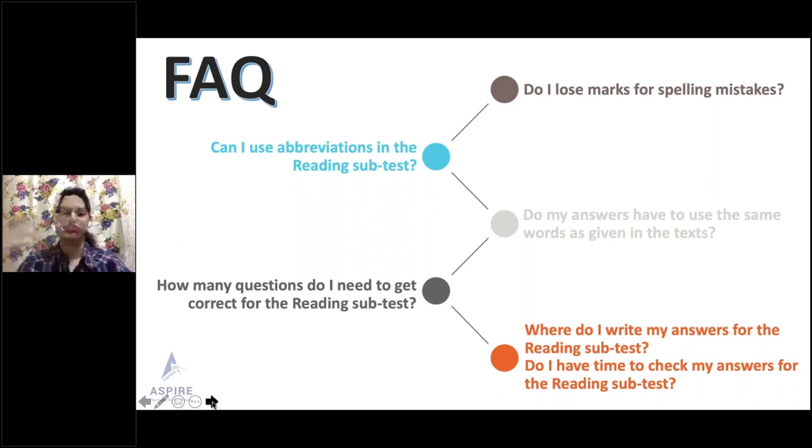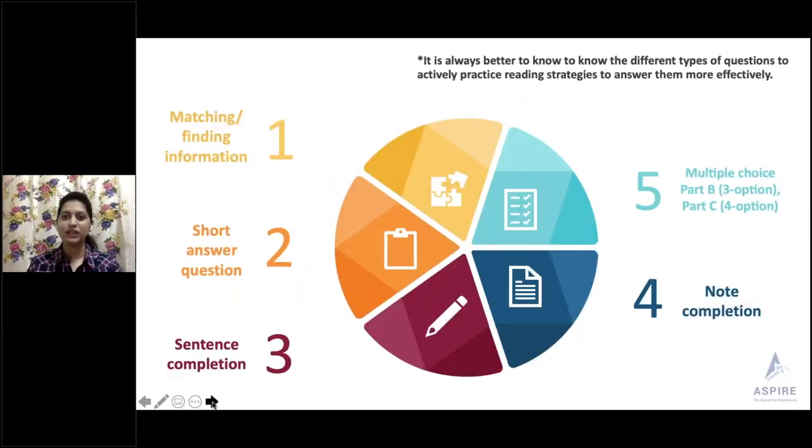So why have I been discussing different types of questions? It's always better to know the different types of questions to actively practice reading strategies to answer them more effectively. When you have an idea, you know what to expect.